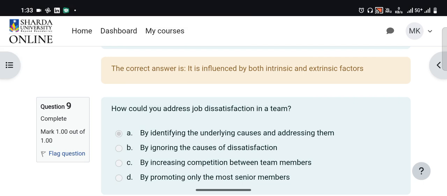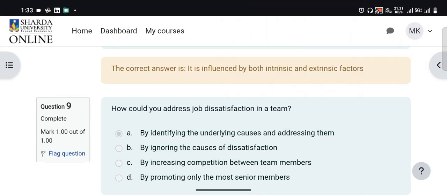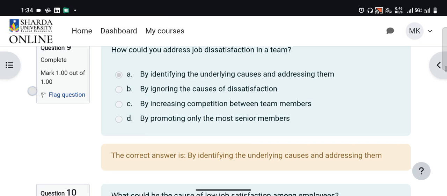Option C. By increasing competition between team members. Option D. By promoting only the most senior members. The correct answer is by identifying the underlying causes and addressing them.